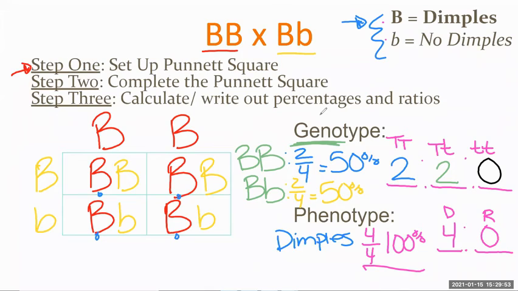This seems like a lot of work, but it tells us a lot of information. If we take 2 parents that have dimples, one of which is heterozygous, there is a 100% chance that their babies will have dimples.